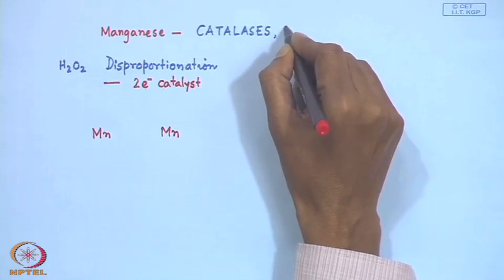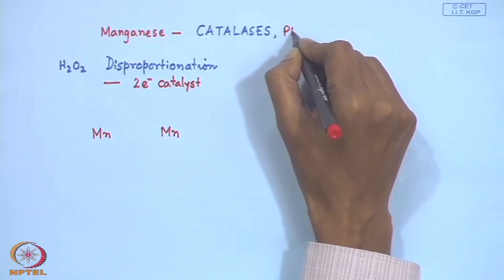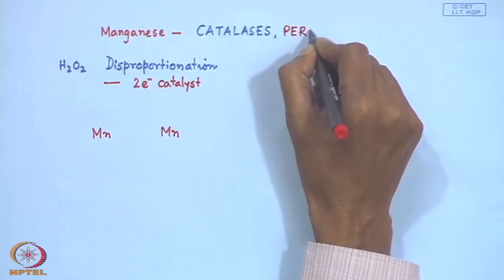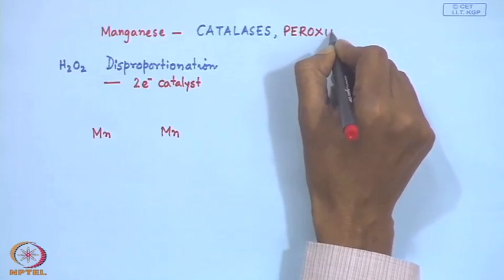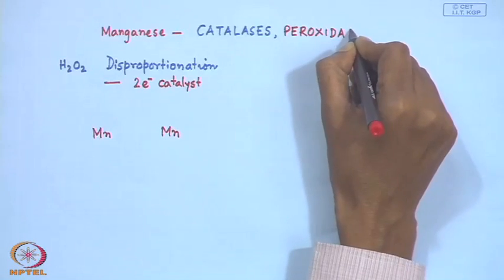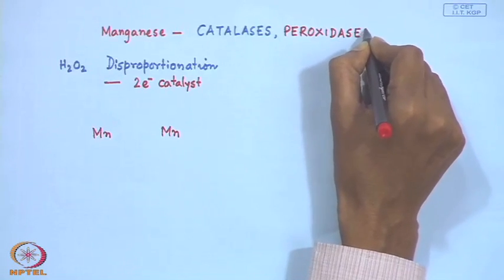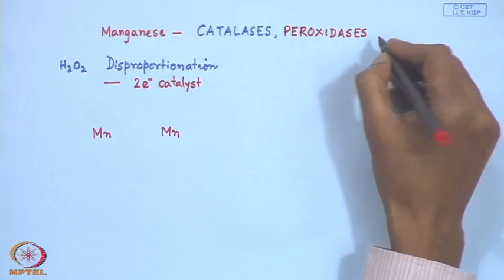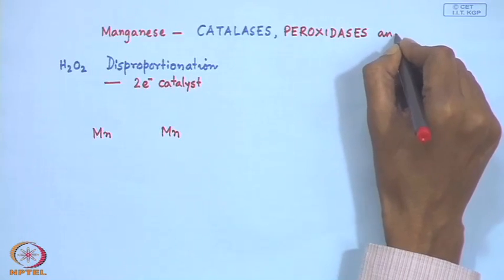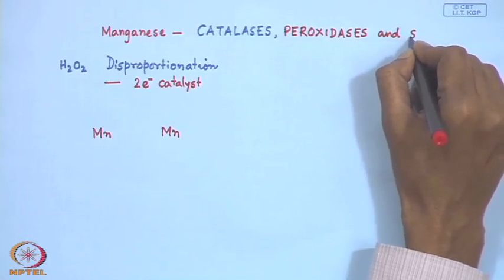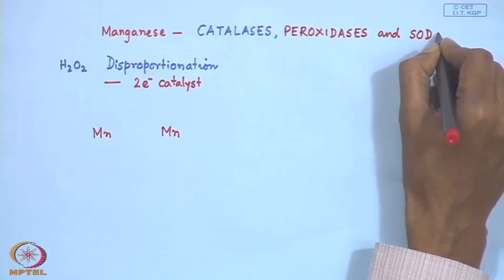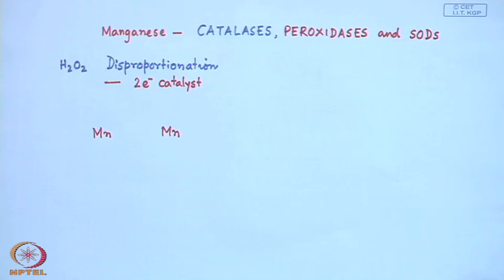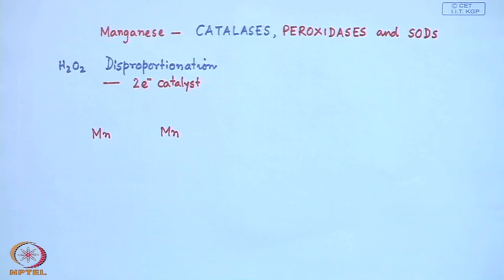There are also heme proteins like the peroxidases, but the mechanism of action is completely different, and superoxide dismutases. So, catalases, peroxidases and superoxide dismutases, and in all these cases we have manganese.